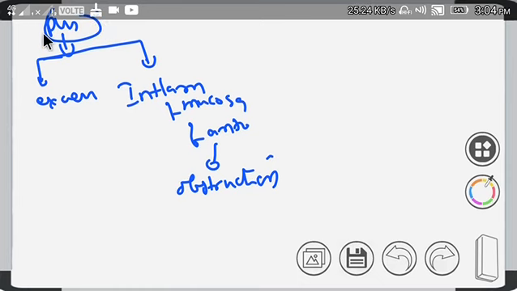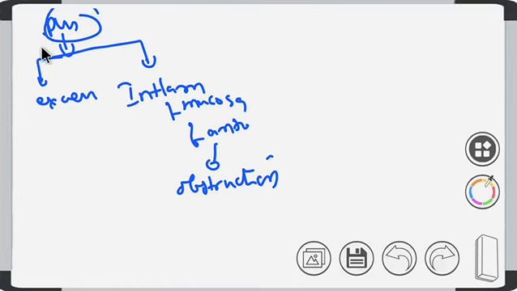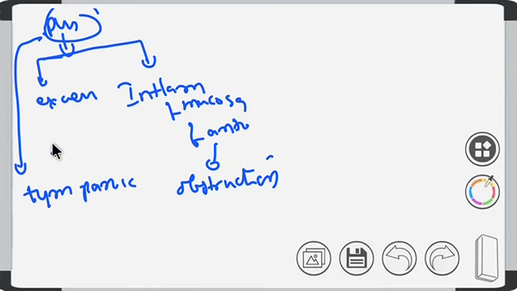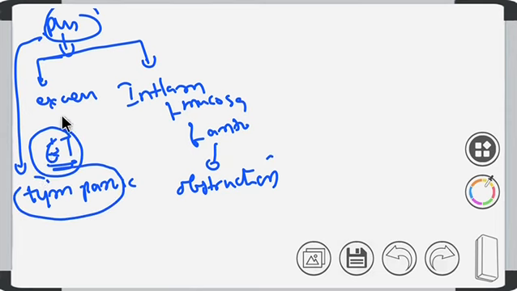But somehow, in some amounts, this pus comes out through the tympanic membrane by perforating it, or it can go through the eustachian tube.